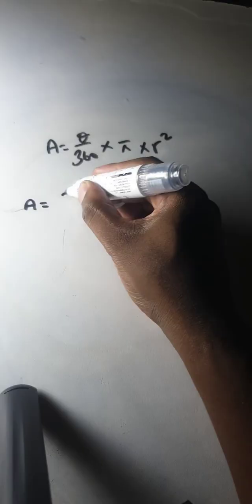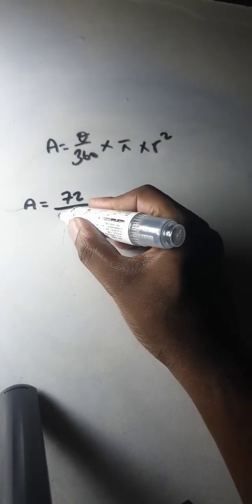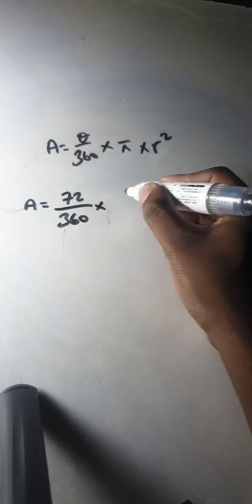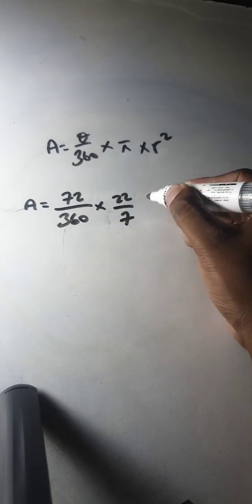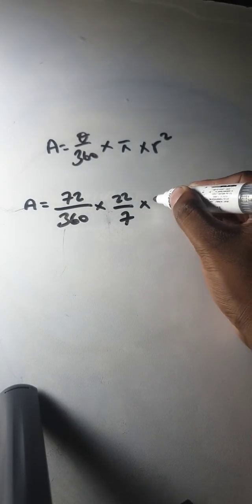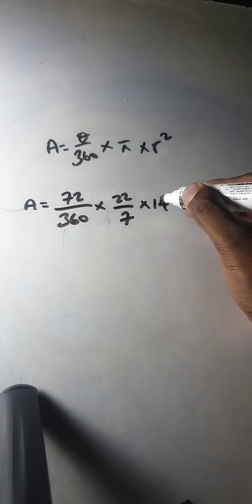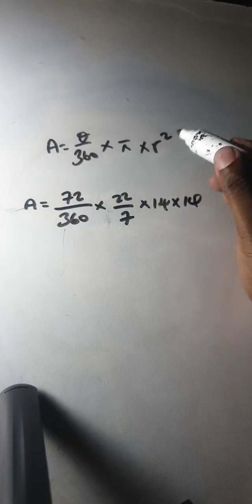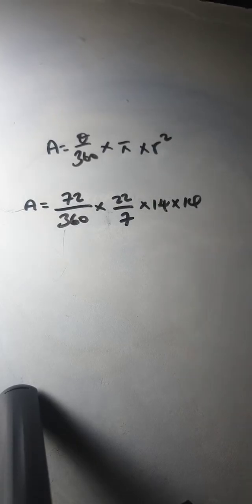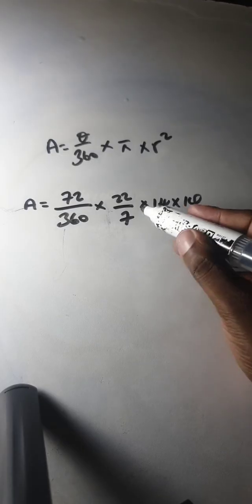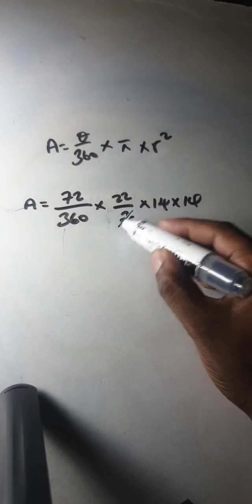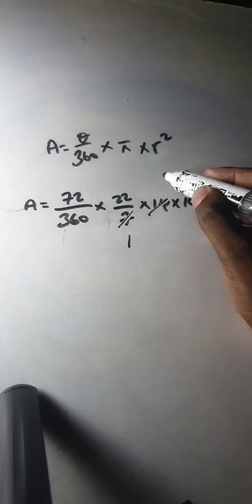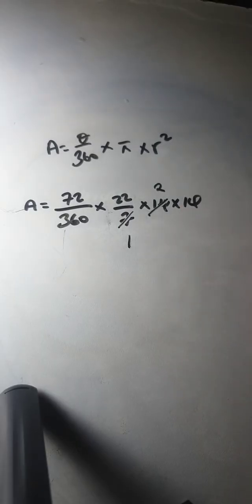Okay, we have 72 over 360 times 22 over 7 times 14 squared, which can be written as 14 times 14. Why did I split it? So that when I say 7 there, 1, 7 there, 2. You're seeing, right?